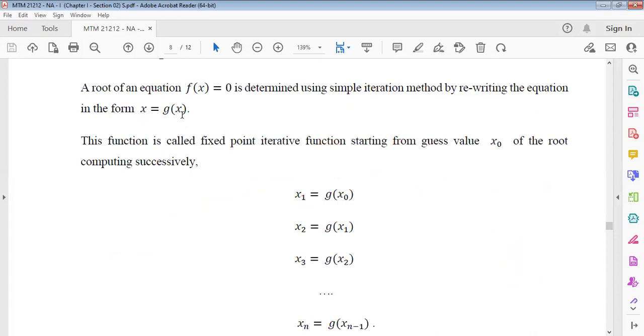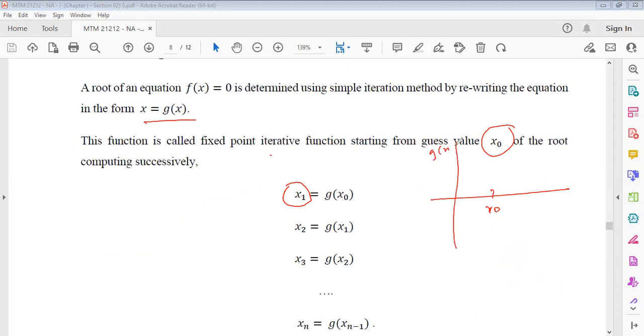First of all, you have to take x equal to g(x). Then, as a first step, you take x naught. Then the new x1 we will get, let's say this is my x naught. This is my, let's say, g(x). This is my x. So this will be g(x) now.